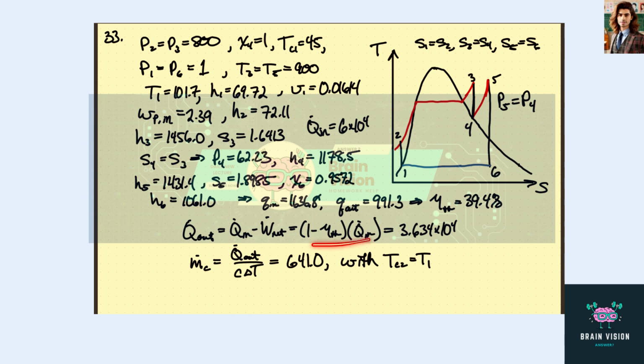So we can figure out that the rate of heat transfer out is 3.6 times 10 to the 4th BTU per second, which means that that is the heat transfer that needs to go into the river water, which we're assuming is just saturated liquid water. So we can get the heat capacity of that at constant pressure, which is 1 BTU per pound mass Rankine.